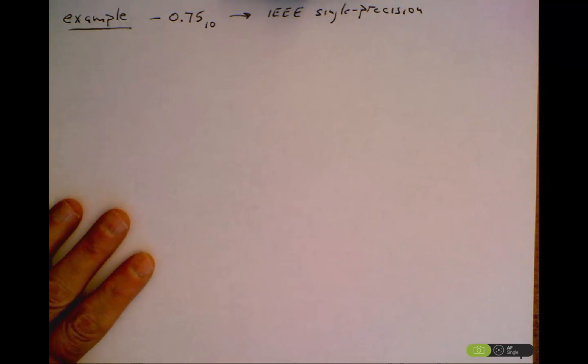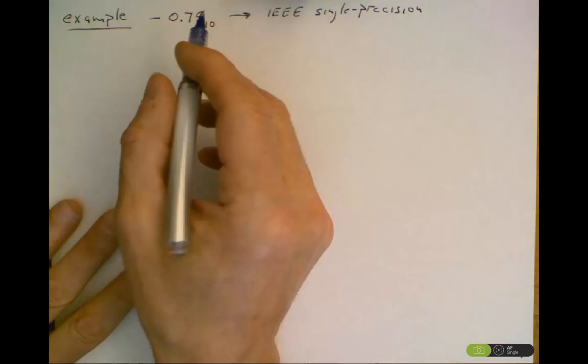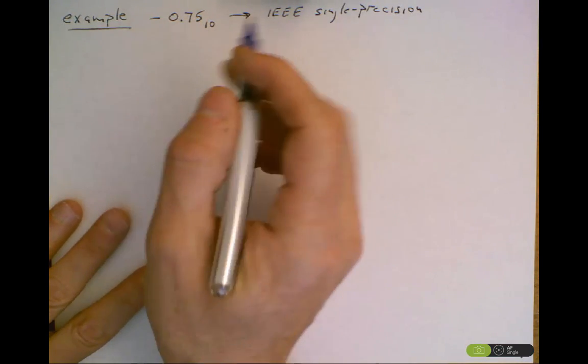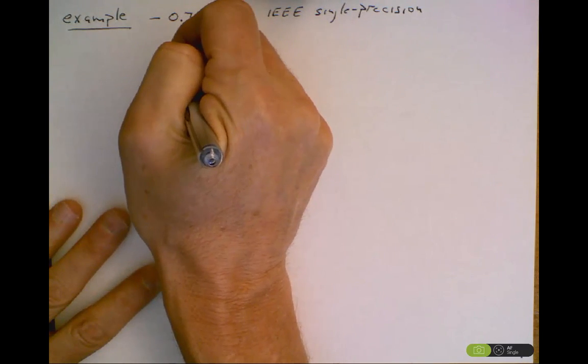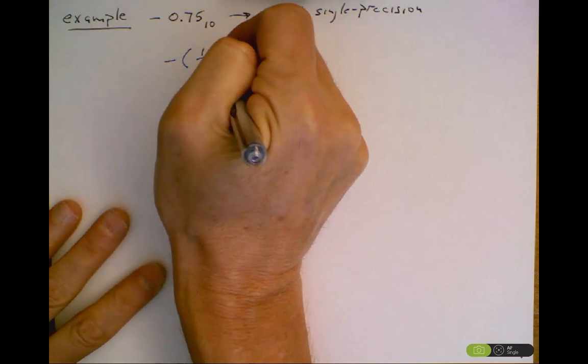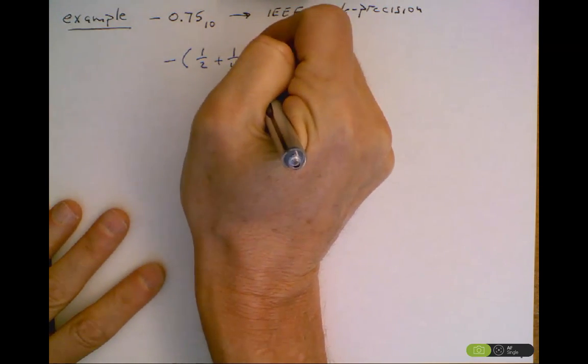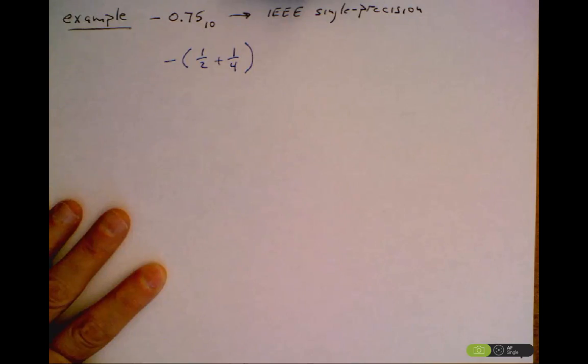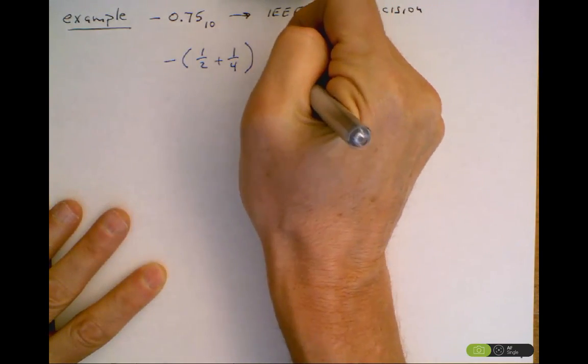So on homeworks and tests, I will always give you something that's pretty much an easy value to convert from decimal to binary, something like sums of powers of 2. So we look at this. What is that? That is minus 1/2 plus 1/4. Right. So what's that?